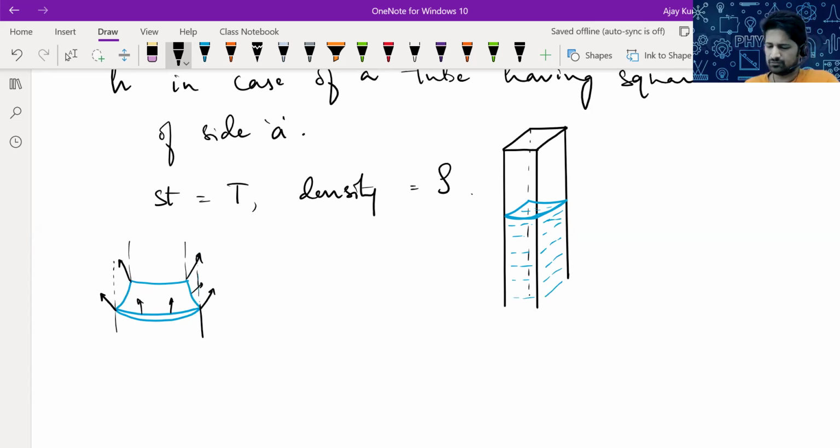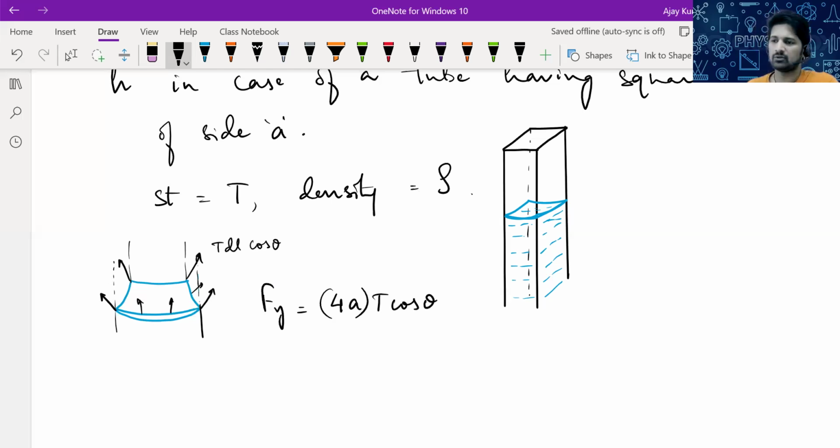Now each force is T dl and they'll all be acting at an angle theta with the vertical. So y component is T dl cos theta and integral dl will now be the total length of the boundary, which is 4a. Boundary of the square is 4a. So force due to surface tension this time becomes 4aT cos theta.